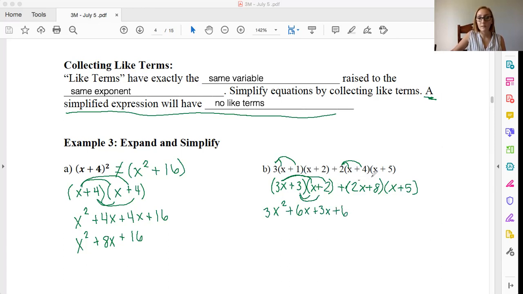You're going to do the same thing here. So put those into brackets is your best thing to do here, and then put the plus. So you're going to do 2x times x, so 2x squared. 2x times 5, which is 10x. 8 times x, which is 8x. And finally, 8 times 5, which is 35.